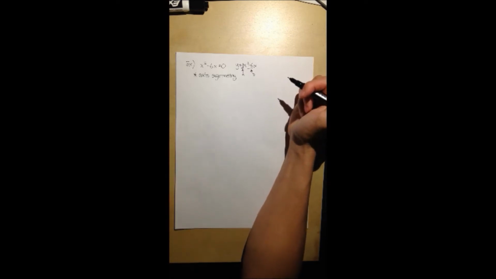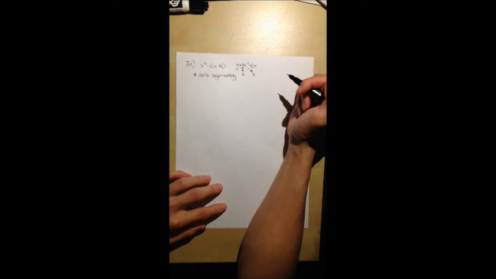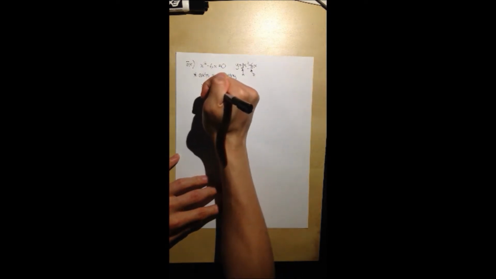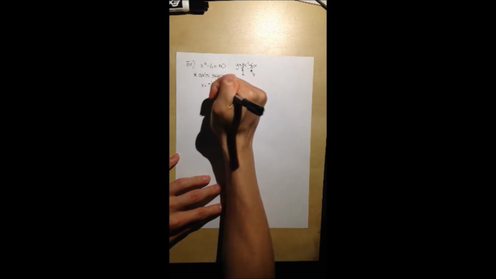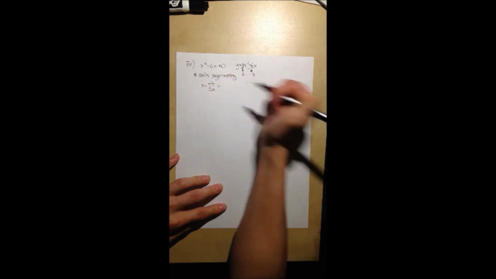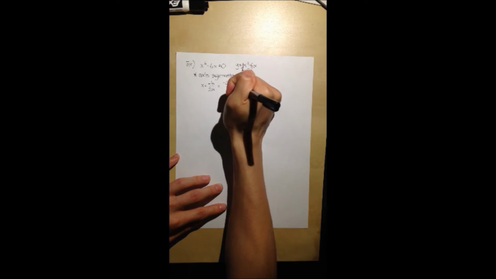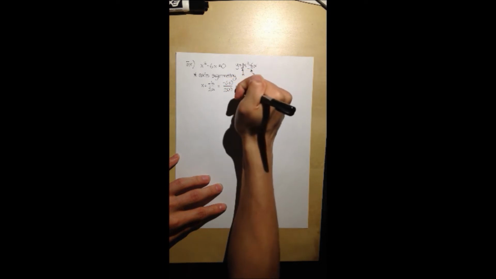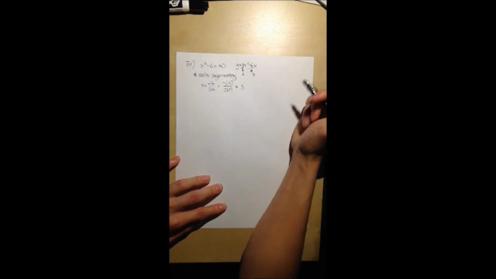Now remember, we did the axis of symmetry because that's our first thing. We can find the vertex after we find the axis of symmetry. So we're going to set x is equal to negative b over 2a, where in this case it's negative times negative 6 all over 2 times 1, which is equal to 3.